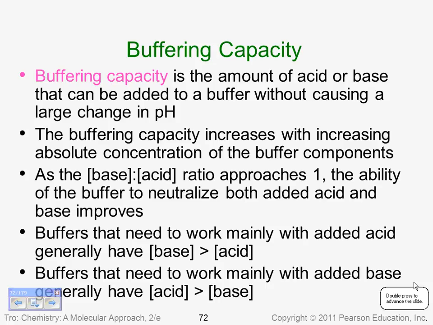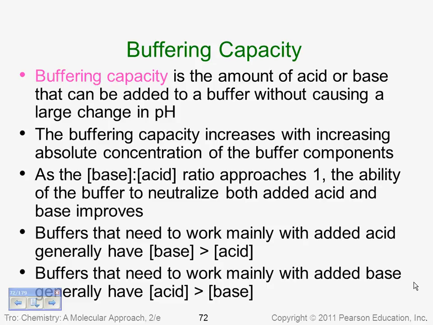So here's what we've said so far, and this is where we'll finish for today. Buffering capacity, just how much acid or base can you add before you lose that resistance, at least a significant amount of that resistance. So we get more capacity with more concentration. That's what we said. We get more capacity the closer to 1-to-1 we can be.